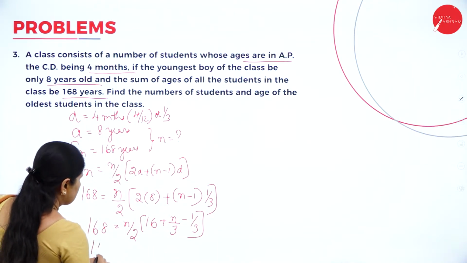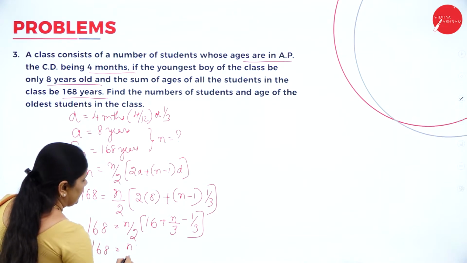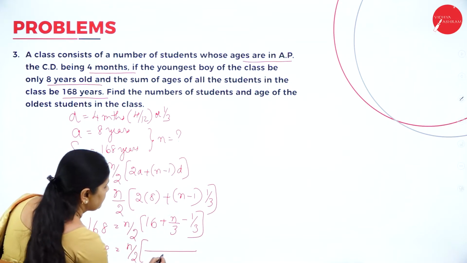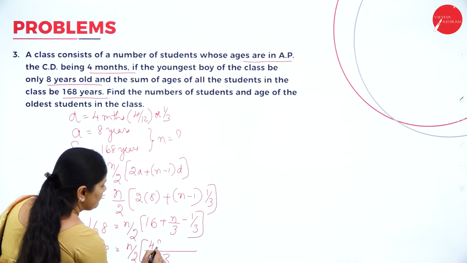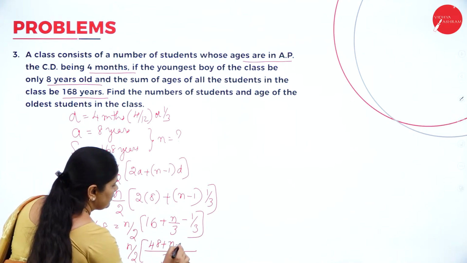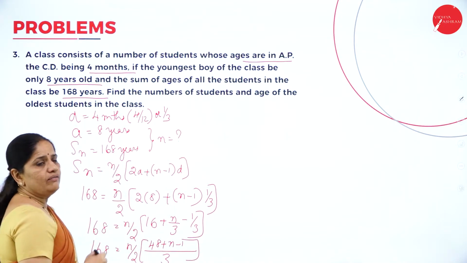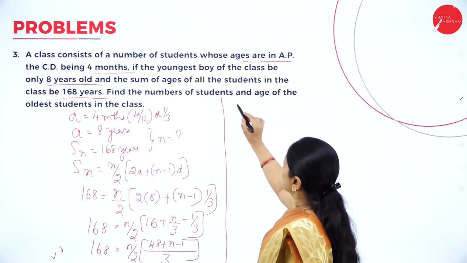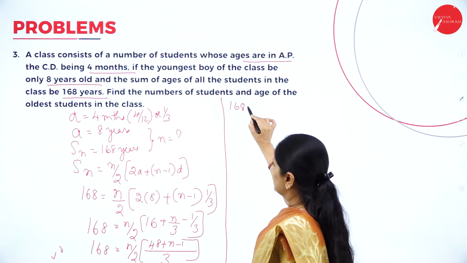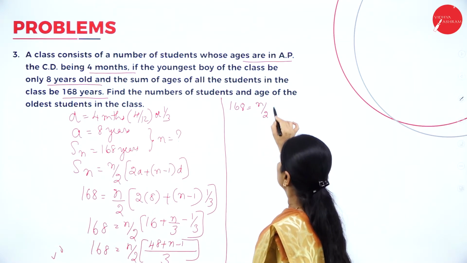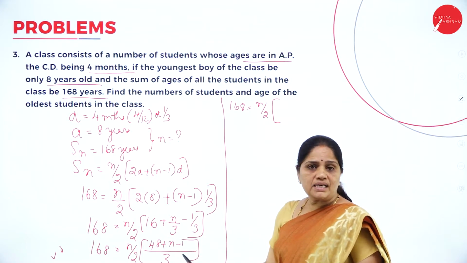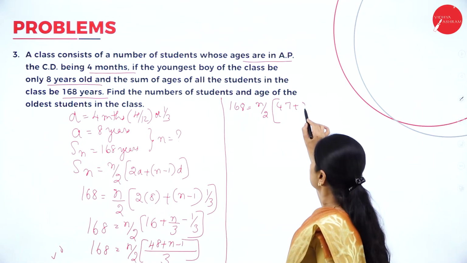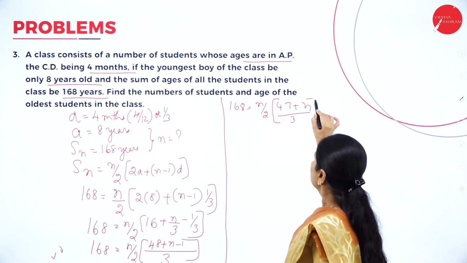So 168 equals n by 2 whole over. I take the 3 as the LCM here. So 16 3s are 48 plus n minus 1. So when I simplify this problem further, I will get 168 equals n by 2 into 48 minus 1 is 47. 47 plus n divided by 3.